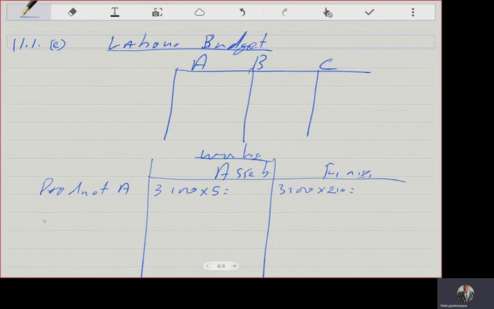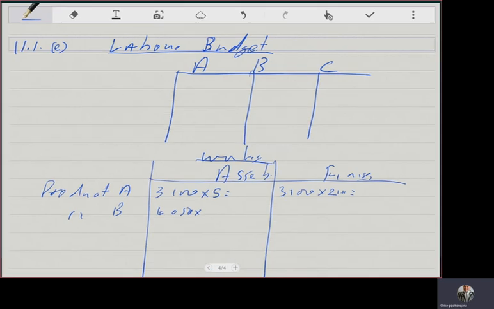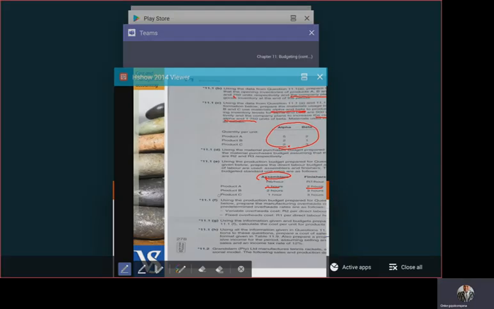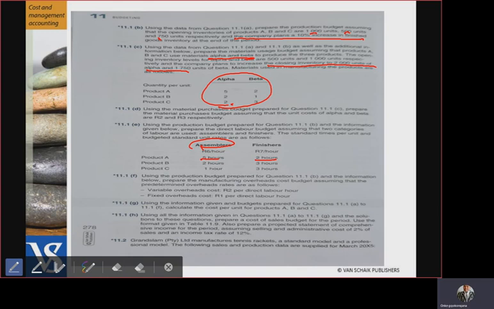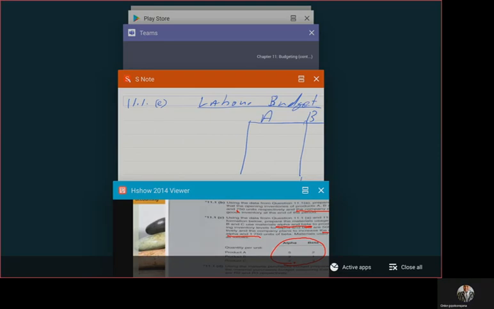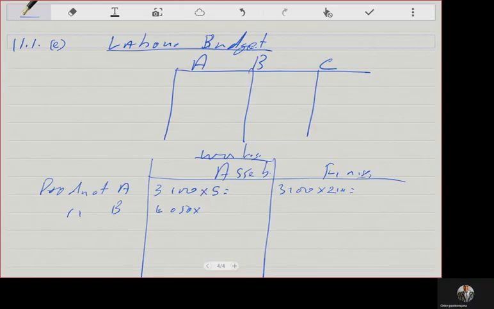Then for product B, your production required was 4,050. Then you multiply by the number of hours, 2 hours and 3 hours. So 4,050 times 3 hours. These are your hours.